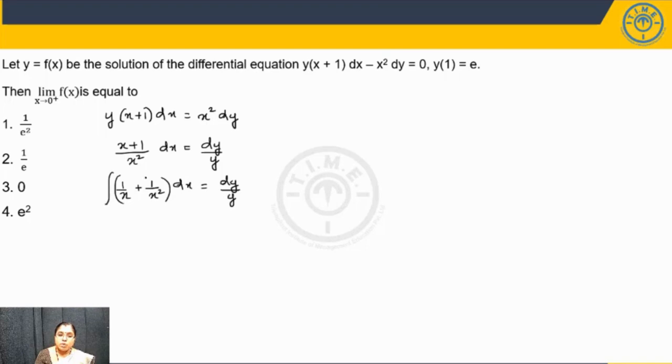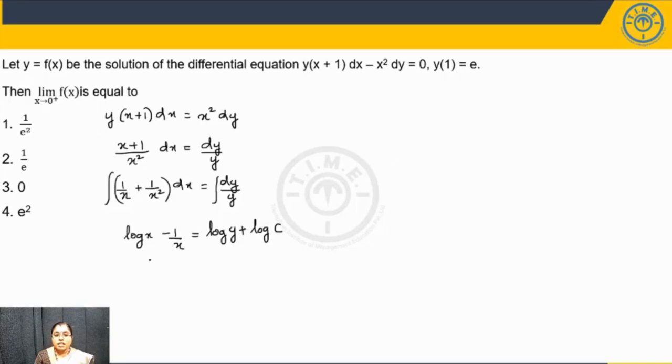Let's integrate both sides. So what is the integral of 1/x? Log x. And the integral of 1/x²? Minus 1/x. And the right hand side is log y plus log c. Now we are given that y of 1 is equal to e. That means when you put x equal to 1, y is equal to e.